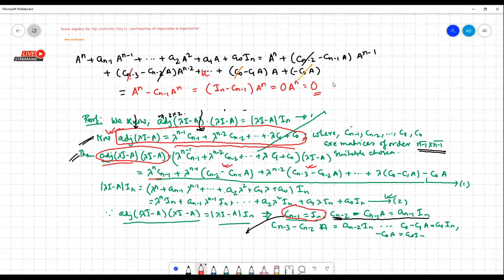So please tell me, can you get this equation?